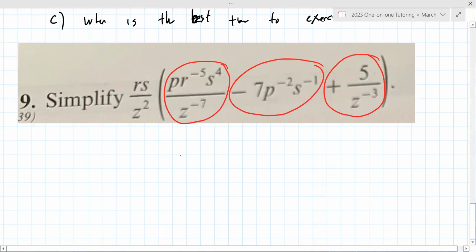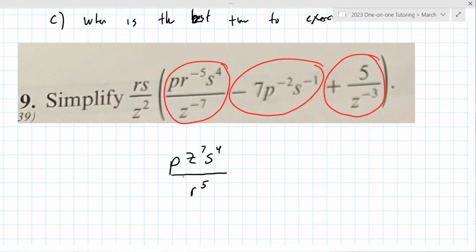So like, p z to the 7th, s to the 4th over r to the 5th. P z to the 7th, this is the 4th. And then you have, yeah, okay.